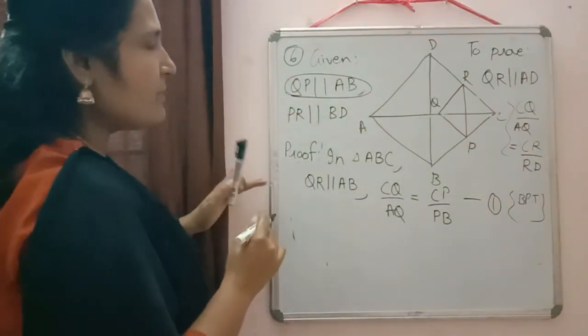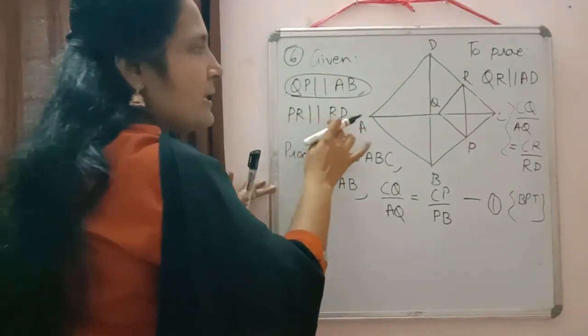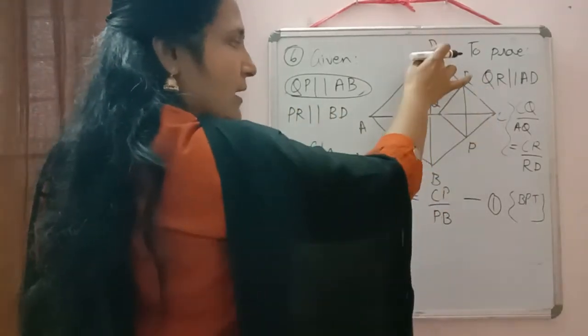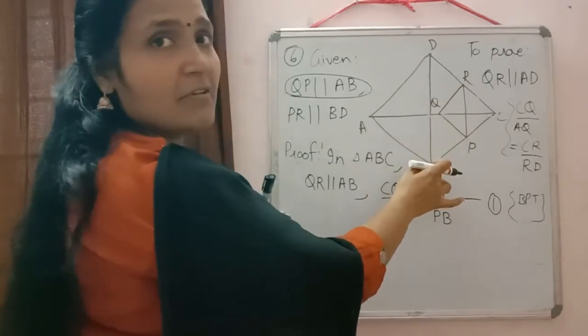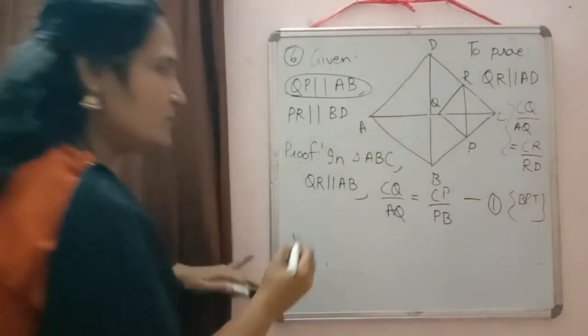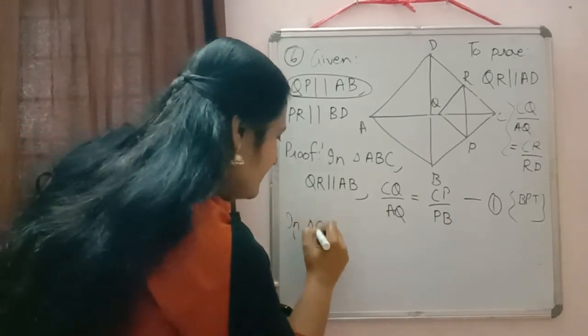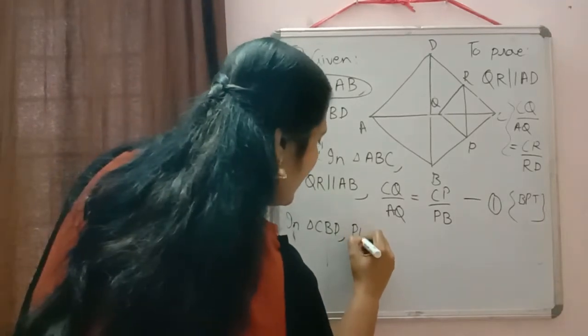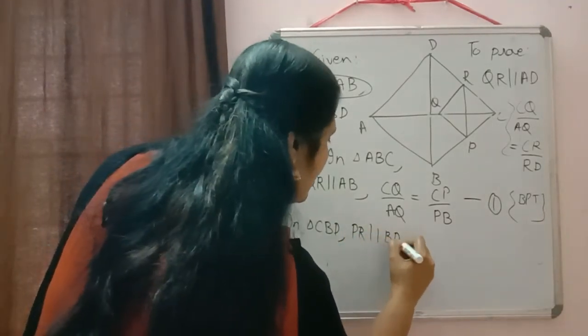In the same way, one more condition is given. PR is parallel to BD. So which triangle will we take? Triangle CBD. So write down: in triangle CBD, we have PR parallel to BD.